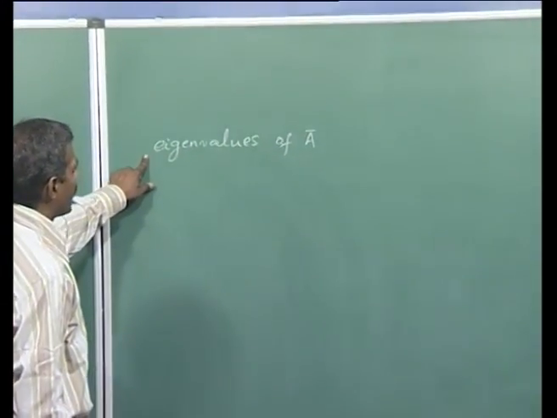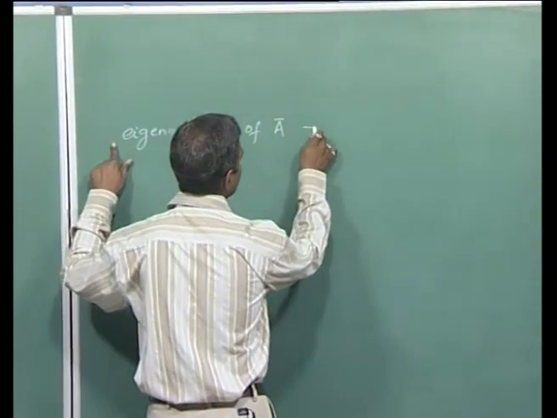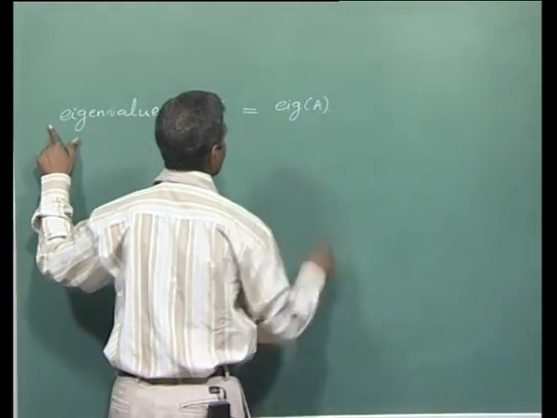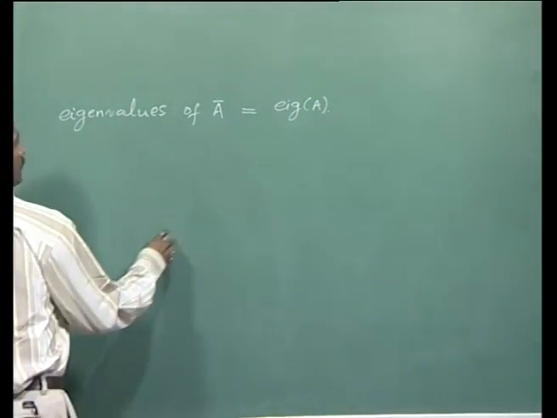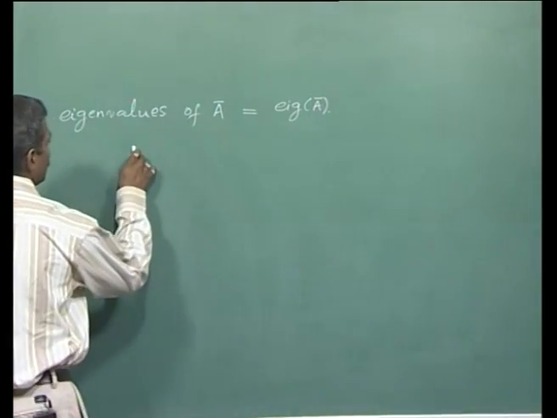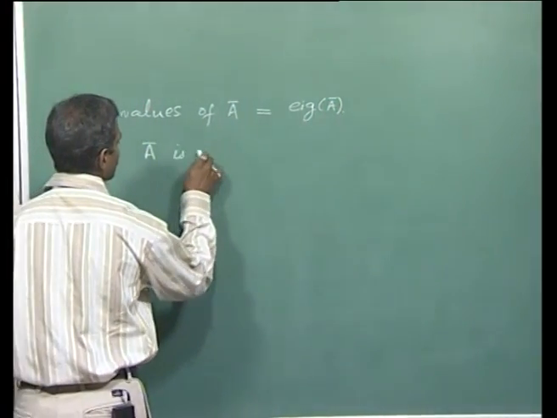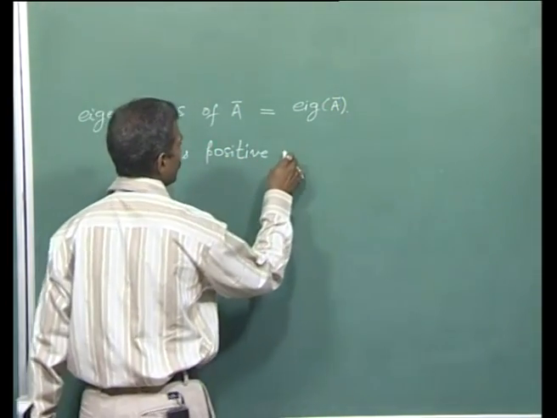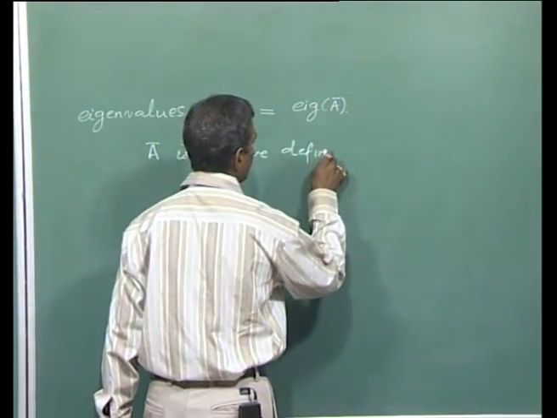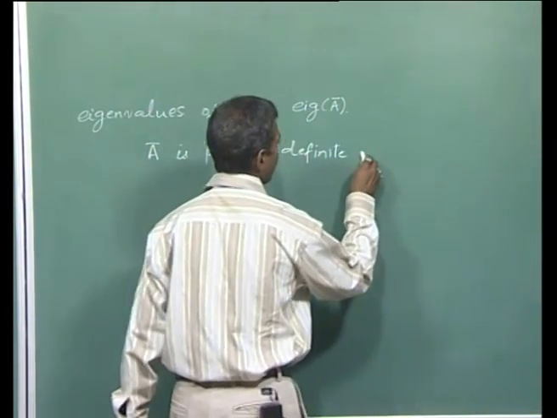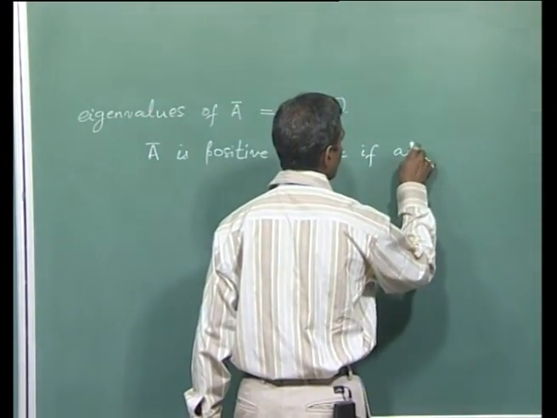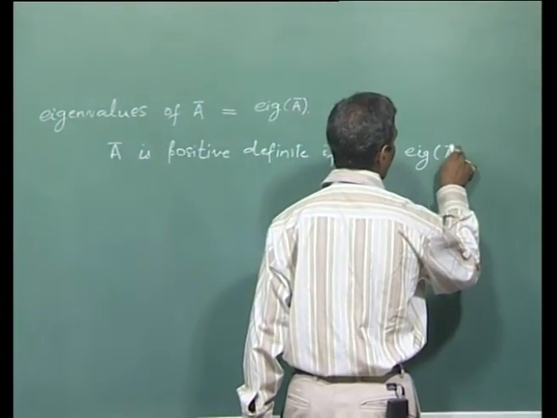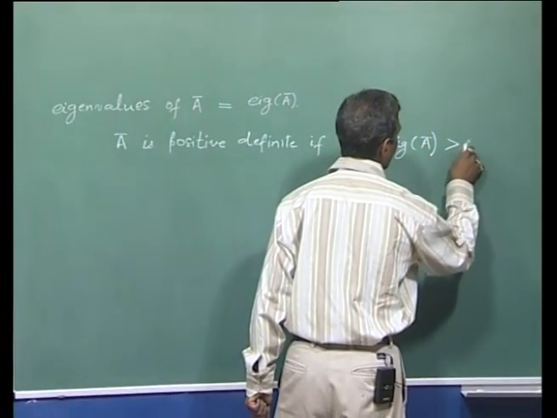If I write the eigenvalues of this matrix as a set eig(A), then A is positive definite if all eigenvalues of A are strictly positive.